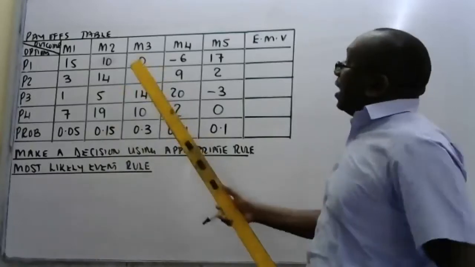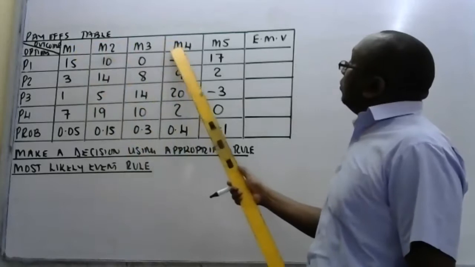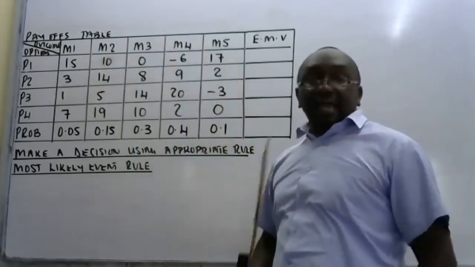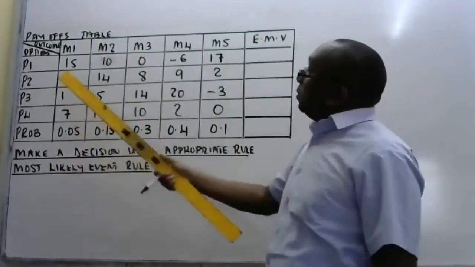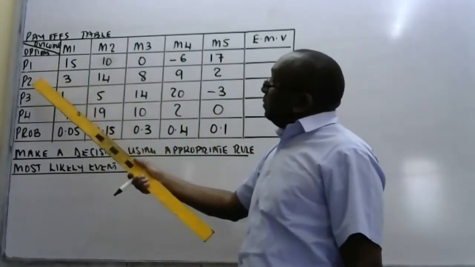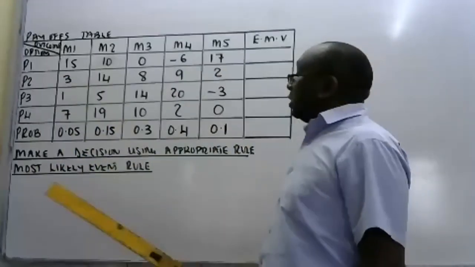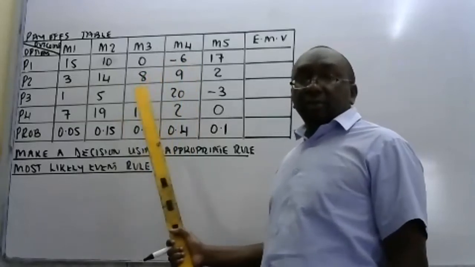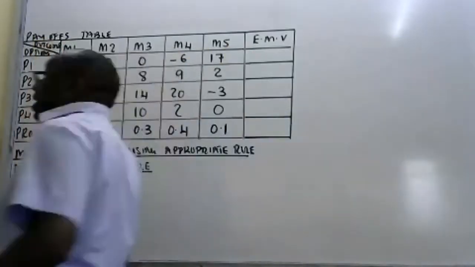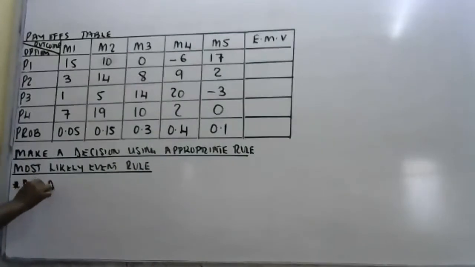So the names of outcomes here in M1, M2, M3, M4, and 5 should be the same or should be similar to the names of options. You can see this is P1, P2, P3, P4. So now that the names are not similar, this rule cannot be used in this area. So here we will say not applicable.